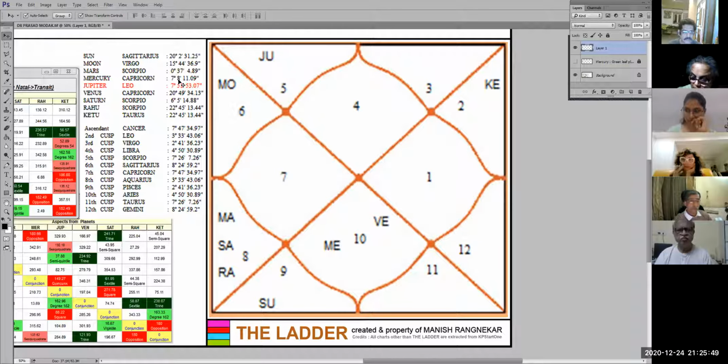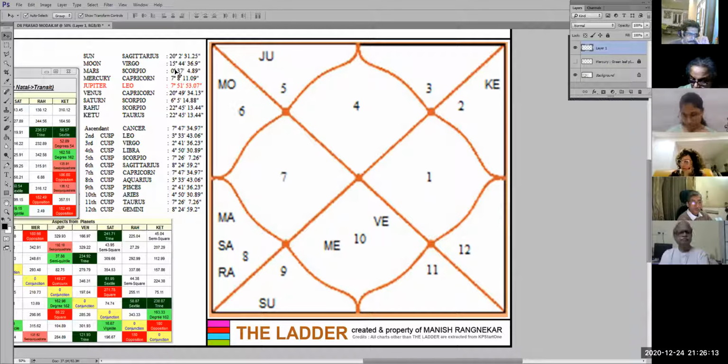Now let us say we are looking at Moon in Virgo at 15 degrees. Virgo is which number Rashi? 6. So it has traveled how many full Rashis? 5. 5 into 30, 150. Plus how much traveled in this? 15. So 165.